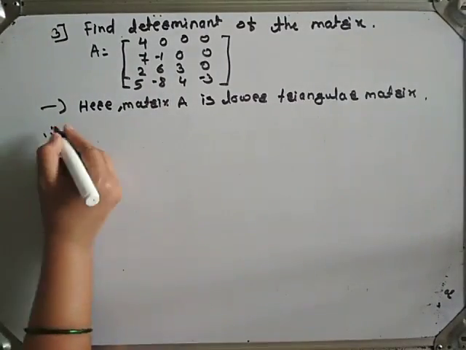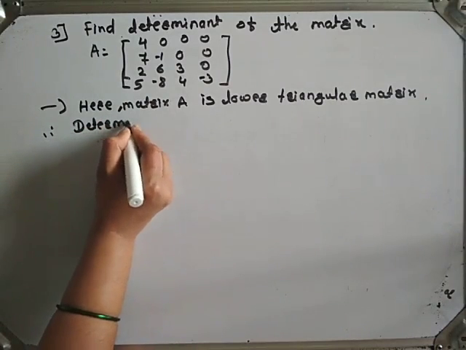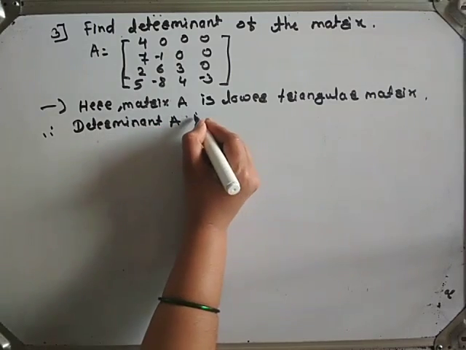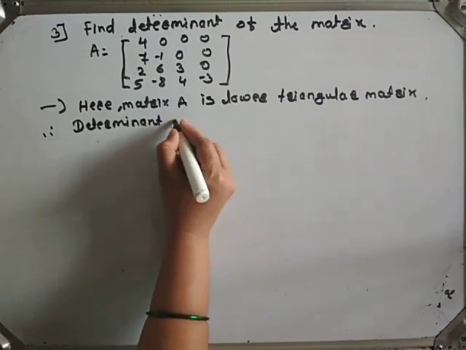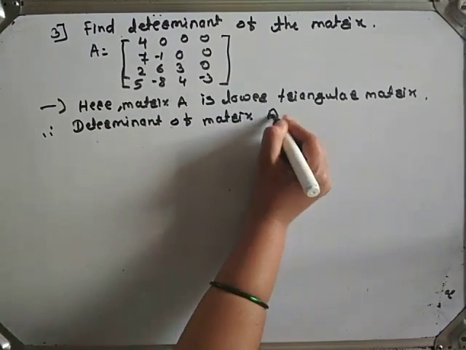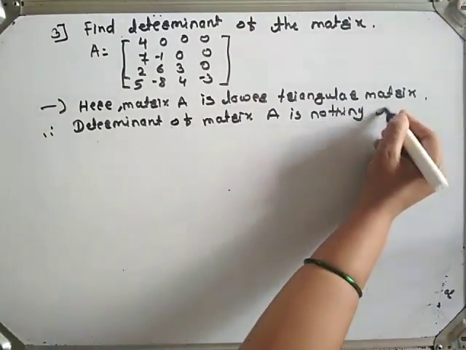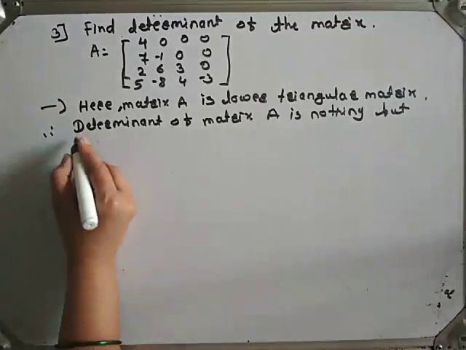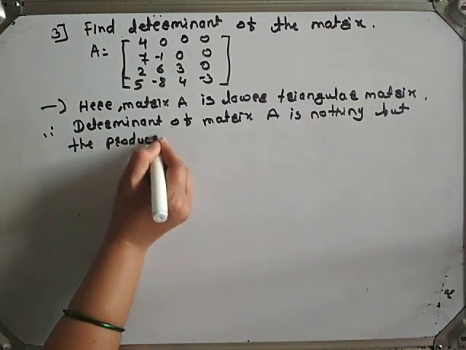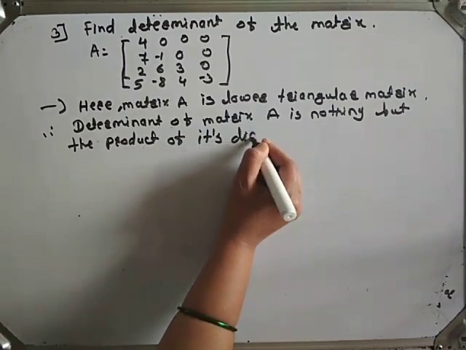Therefore, by using the theorem, determinant of matrix A is nothing but the product of its diagonal entries.